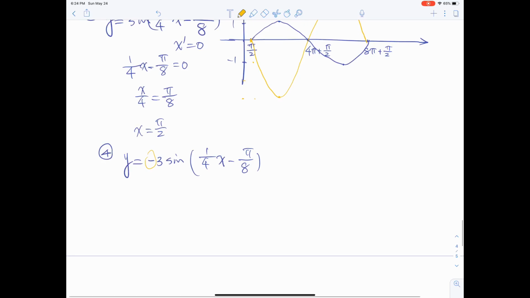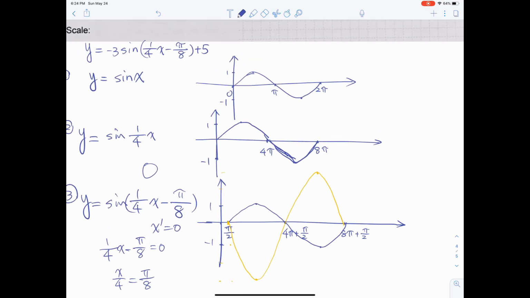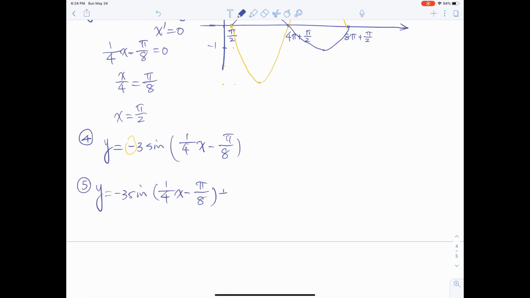Now we go to step 5. We come to the end of it. Negative 3 sine 1 over 4x minus pi over 8, and this one plus 5. Did you see? You need to plus 5.